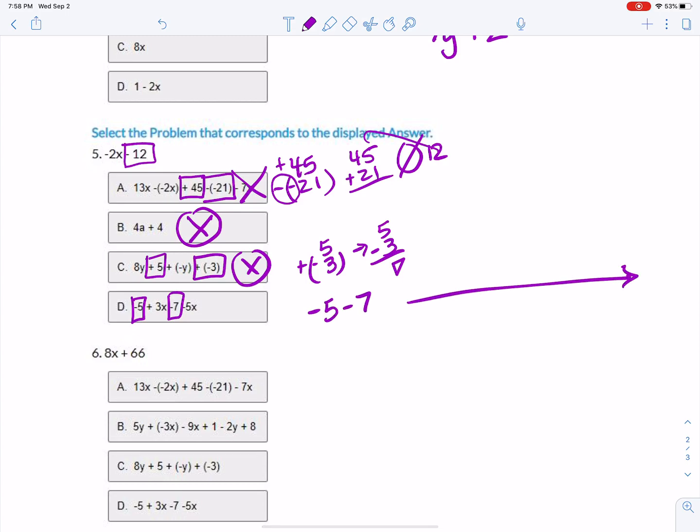So if I'm not sure, this is my negative 5. Subtraction means going that way. So 1, 2, 3, 4, 5, 6, 7. Negative 6, negative 7, negative 8, negative 9, negative 10, negative 11, negative 12. So this one will match.